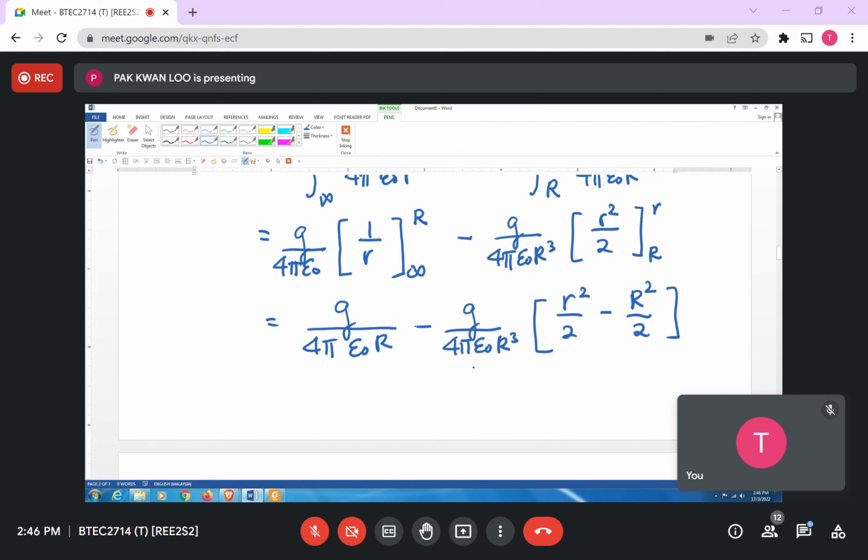Okay, we can further simplify this. Here we see that this term multiplied with this term becomes q over 8 pi epsilon naught R, right? Negative, negative is plus, so plus with this term, it becomes 3q.